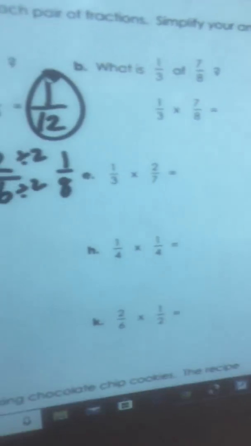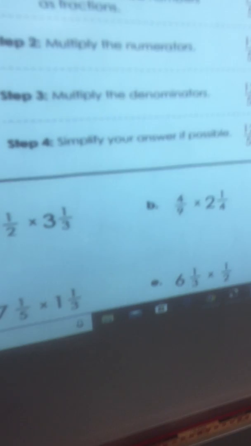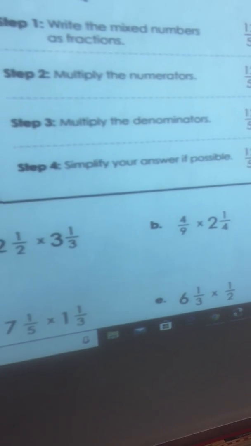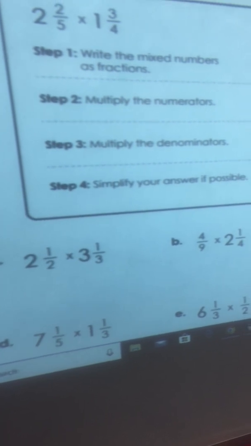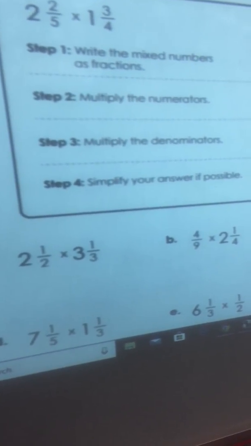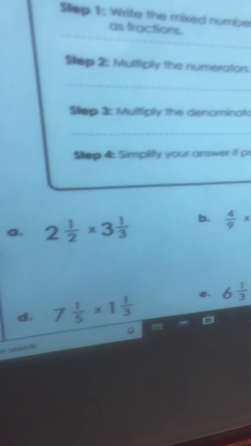Multiplying fractions, pretty simple. The next one is multiplying mixed numbers, and the first thing you have to do when you work with mixed numbers is step 1, write that mixed number as a fraction, which is an improper fraction.